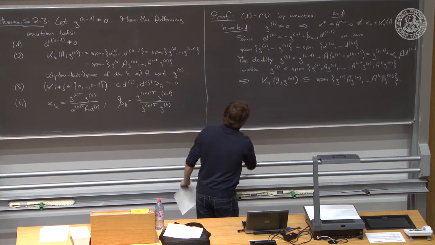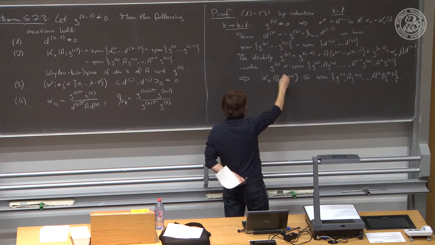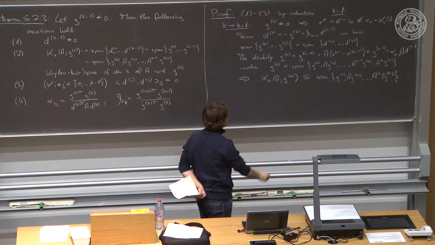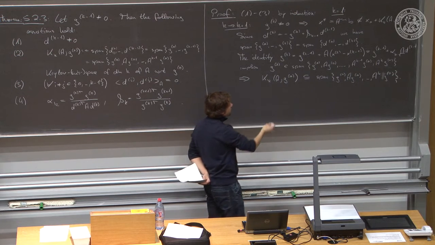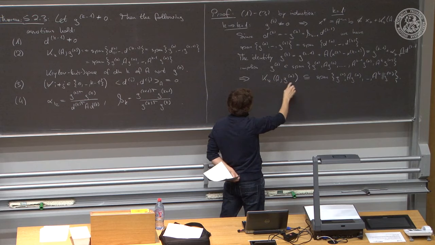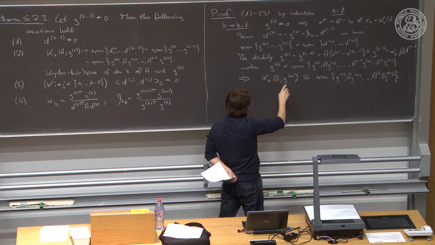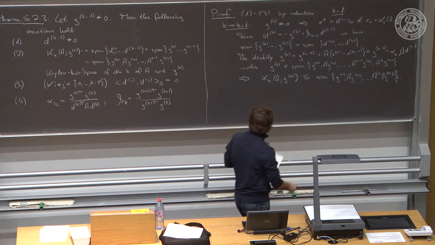Okay, so it is left to show that the span of these vectors is contained in this subspace. Or, which is somehow equivalent, that we show that the dimension of this subspace is k, or k plus 1.